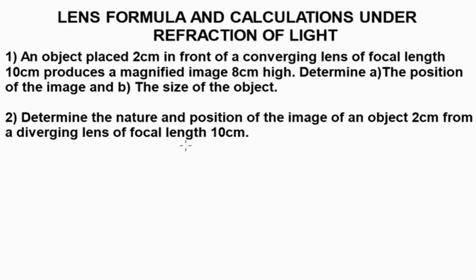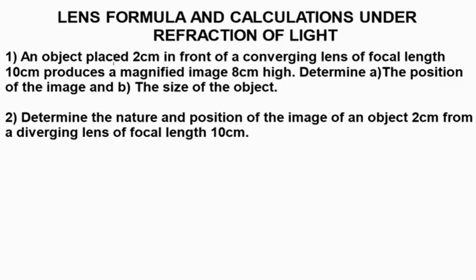Okay, so for this question, let's first of all bring out the parameters. First of all, let's take note of the lens formula. Now note that for a converging lens or a convex lens, the focal length is usually positive, whereas for a diverging lens or concave lens, the focal length is usually negative.